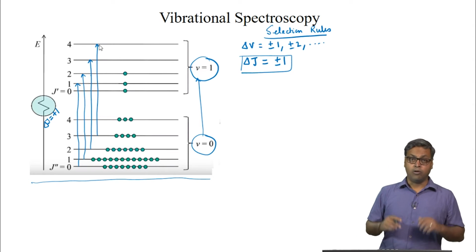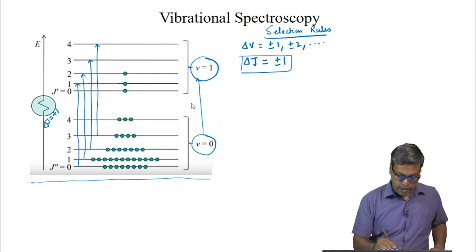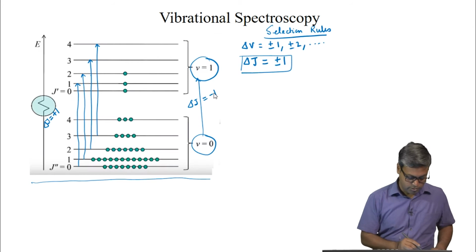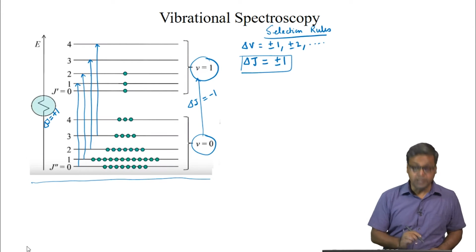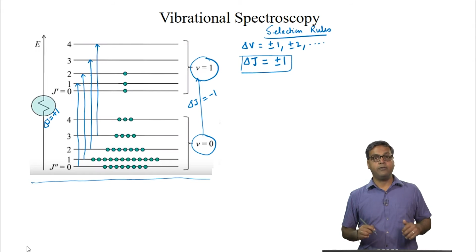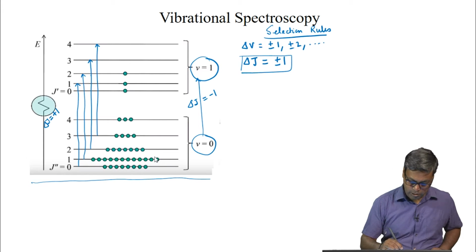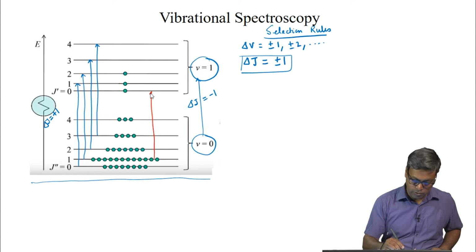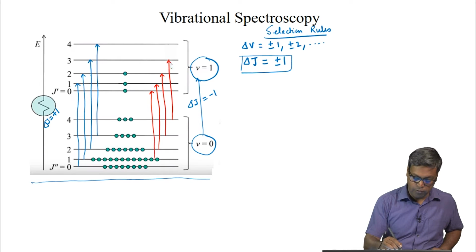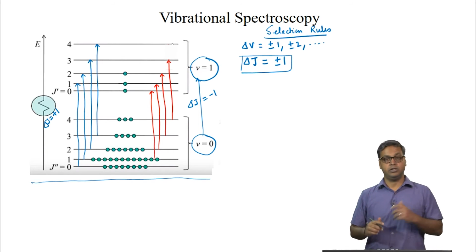Similarly, I can also have transitions where delta J equals minus 1. So, in this case, we will have transitions from J equals 1 to J equals 0, then J equals 2 to J equals 1, J equals 3 to J equals 2 and from J equals 4 to J equals 3.